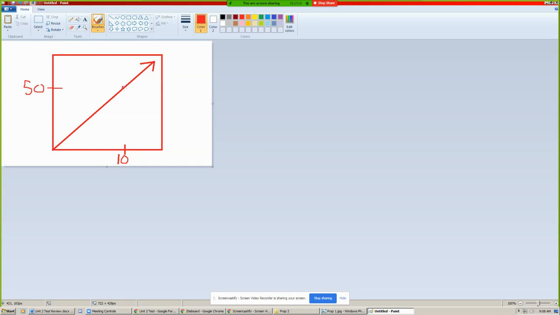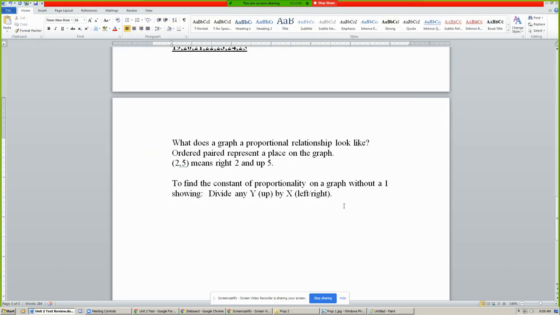You can see that that point exists on the graph. And I ask you, what is the constant of proportionality? We're just looking at 50 divided by 10. So 5 is your constant of proportionality because you're finding a spot on the graph and dividing your y by your x. I will copy paste that in here.